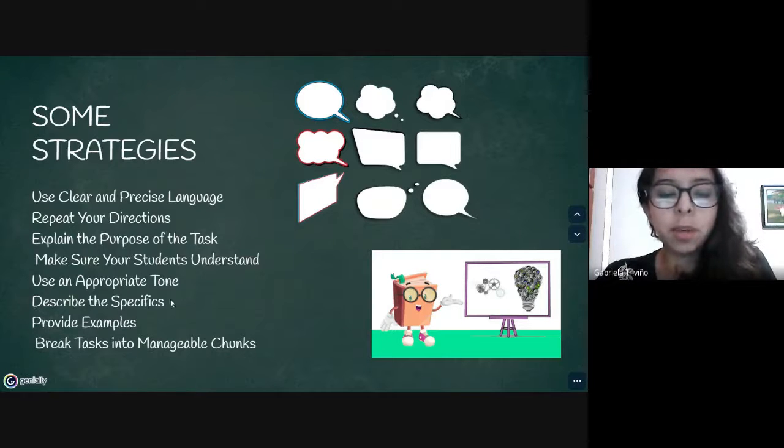Also, the next one, number 6, is describe the specifics. This is very important because when you describe the specifics, you are telling the students what you specifically need for the task. For example, if you need a specific material or a specific format, because you can ask the students to find something, but if you don't say that it has a specific format, they are going to give you different things that are not good for the class.